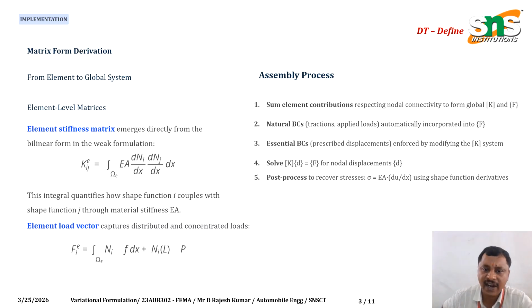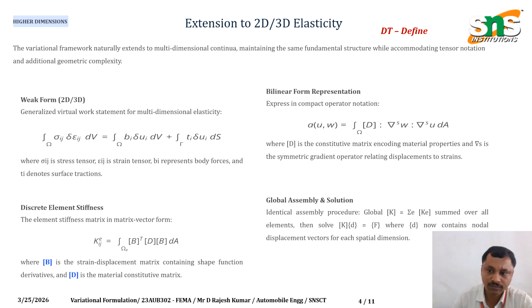Then we form an equation that we solve for the unknown nodal displacements. That is step number 4. Finally, we find the stresses of the elements at each node. That forms the post-processing, or step number 5, of the assembly process.